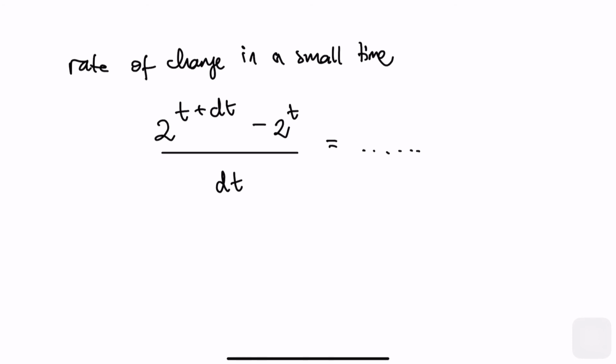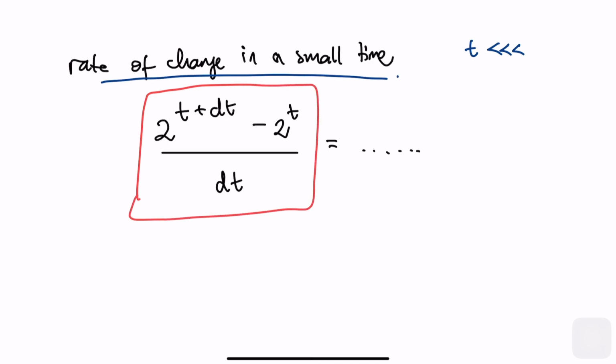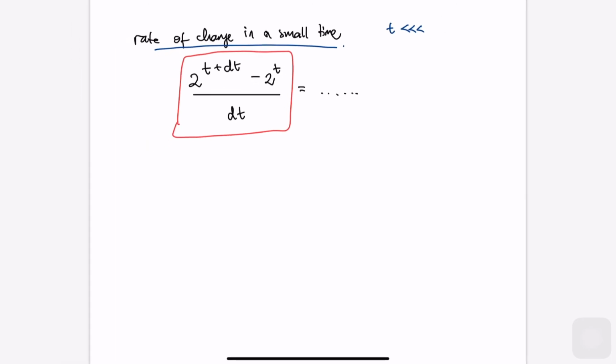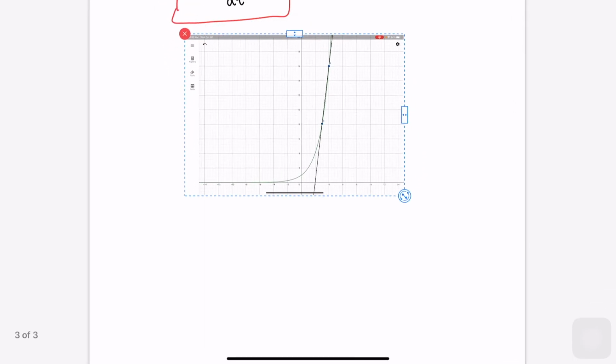We need to figure out what it is. So we need to make our time really, really small. We need to find whether there is a way to make this logical.